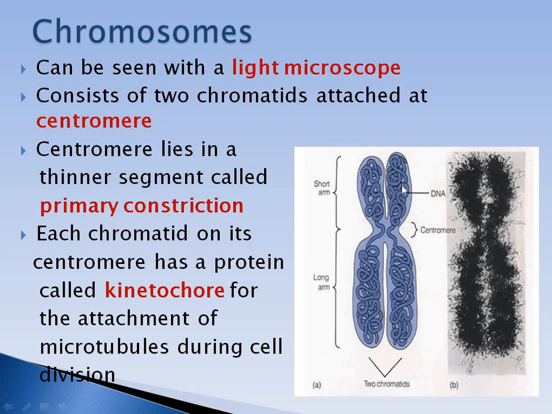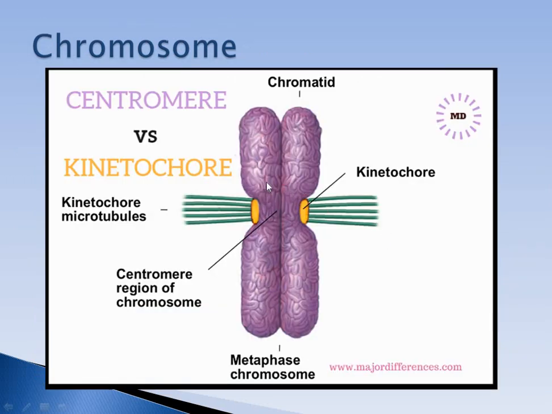As you can see in this figure, these are two chromatids which are connected to each other at the centromere. The centromere is present in a constriction which is called the primary constriction, and towards the outer side of the centromere, the protein kinetochore is present on each chromatid, and to these kinetochores, microtubules of the mitotic apparatus are attached.